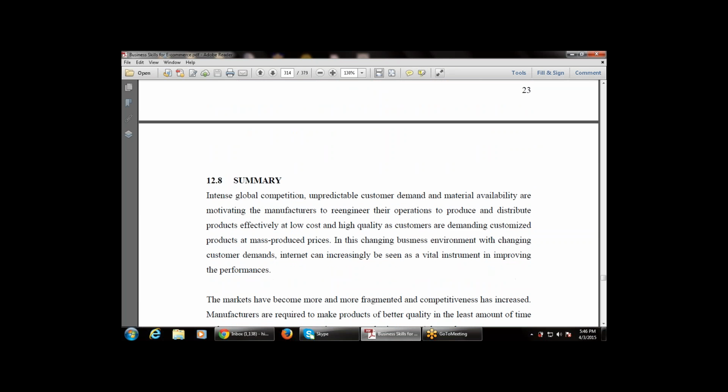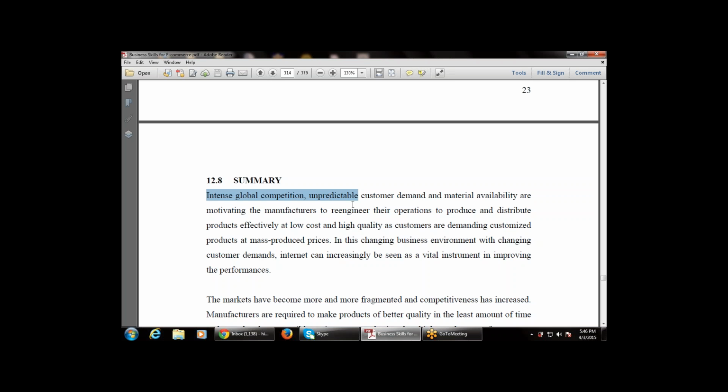Now next is the summary, that is the winding up of this chapter. That's what we have covered in this chapter. We have studied how the internet is used with manufacturing, and what the various advantages offered by IT are, whenever there is a demand or usage in manufacturing.